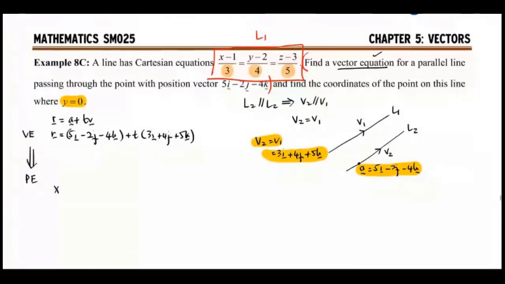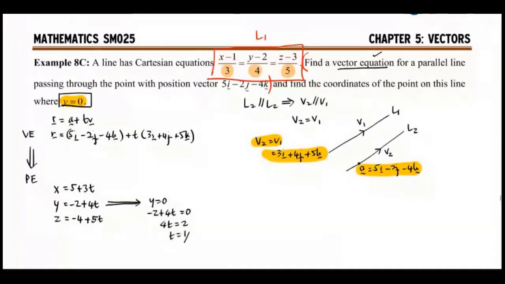So x equal to 5 plus 3t, y equal to negative 2 plus 4t, and z equal to negative 4 plus 5t. By the given condition, y equal to 0, so we equate y with 0. We have negative 2 plus 4t equal to 0, so directly we can get the value for t.